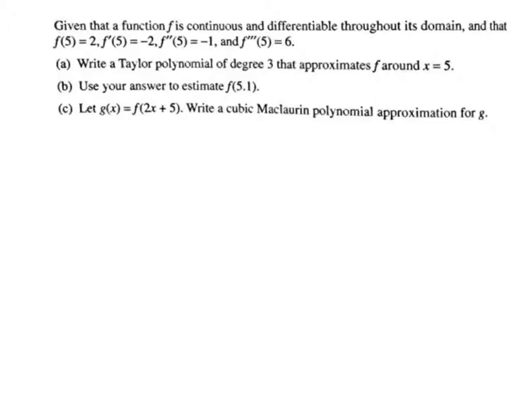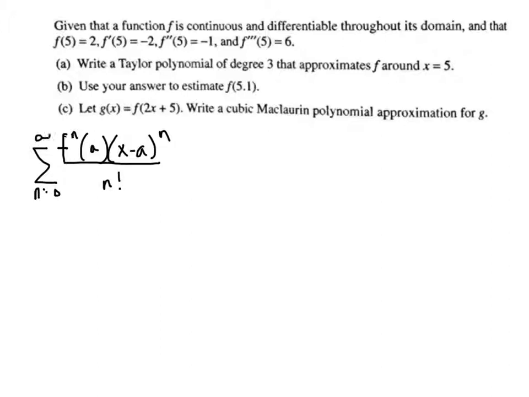So let's just remind ourselves of this big thing we've got to memorize, and that is the nth derivative of f, evaluated at a, multiplied by x minus a to the nth power, all over n factorial. This is how we do the Taylor series.